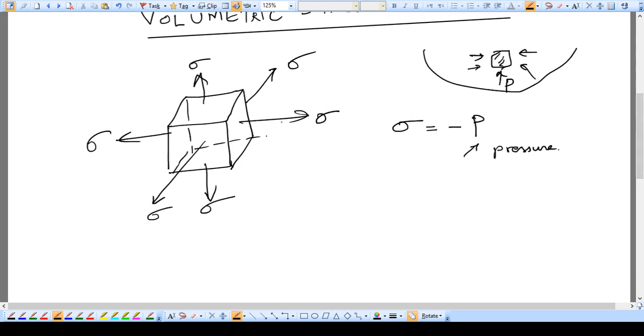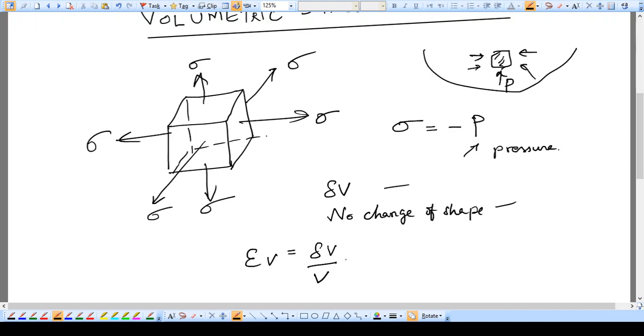If the body is subjected to such stresses, there will be a change in volume, but no change of shape. The volumetric strain for this case is given by the change in volume by the original volume.